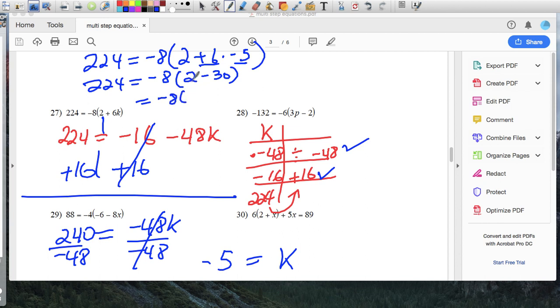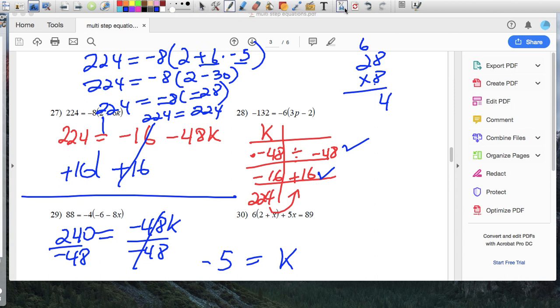Negative 8, and then 2 minus 30 is negative 28. Does that really equal 224? 28 times 8, 8 times 8 is 64, carry the 6, 8 times 2 is 16, plus 6 is 24. And positive because a negative times a negative is a positive.